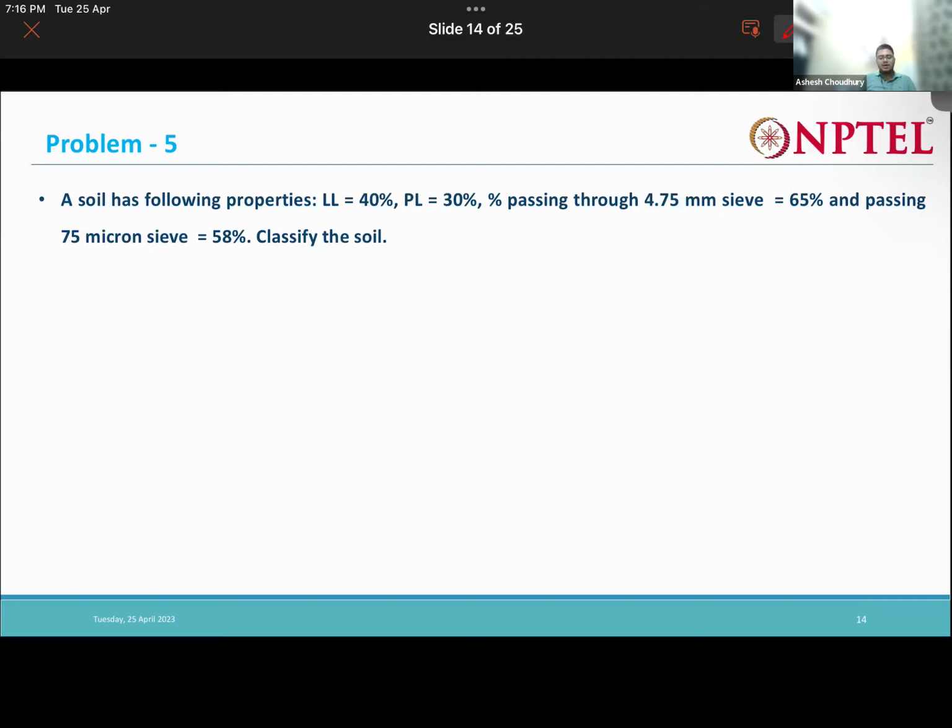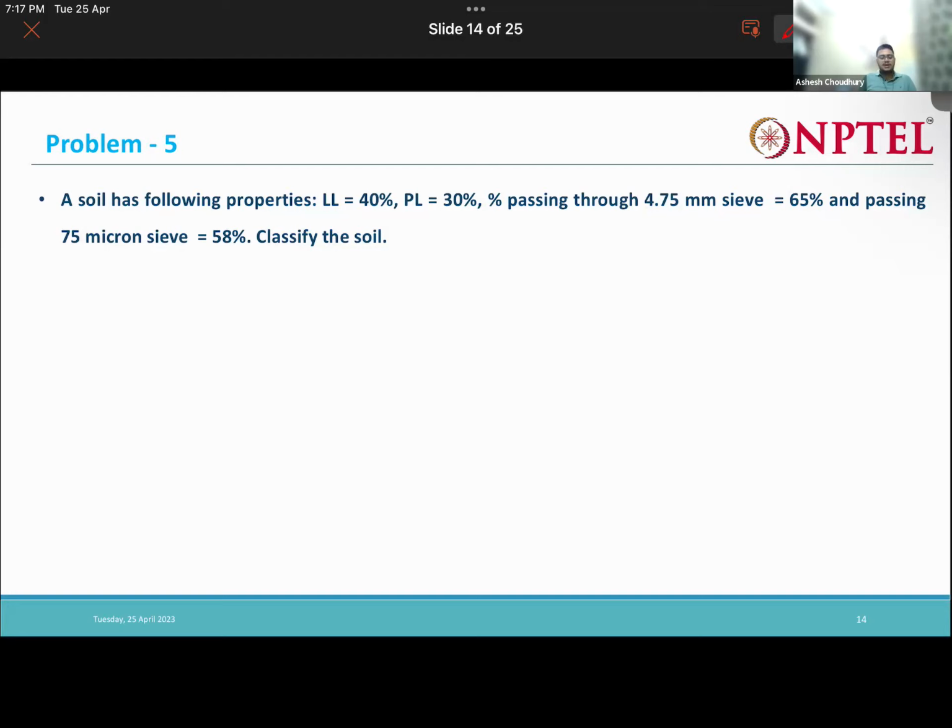We find out the liquid limit and plastic limit, and from them we can classify our fine grain soils. So it can be clay or silt, right? It can be low plastic, intermediate plastic, or high plastic: CL, CI, or CH, or the same in terms of silt, that is M.